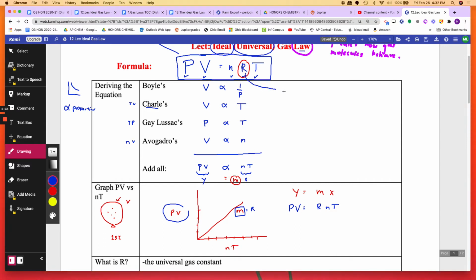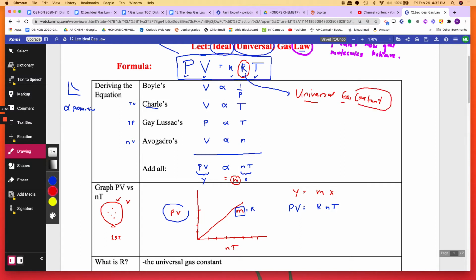So what is R? R is called the universal gas constant. Universal because it's for all the gas laws.